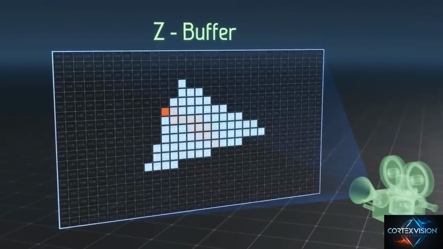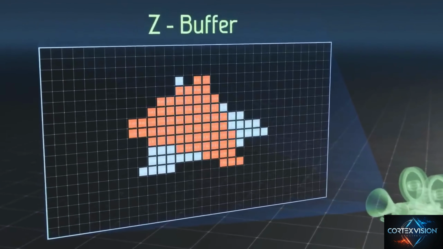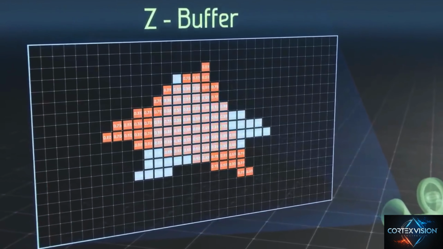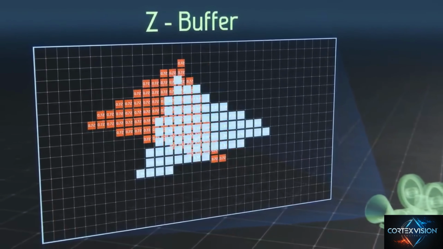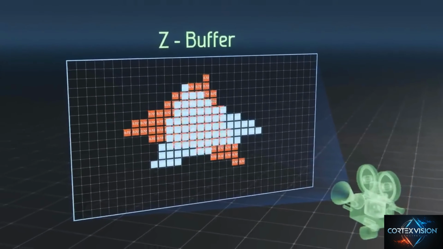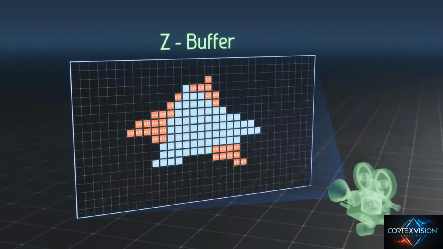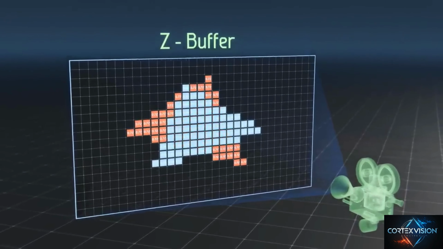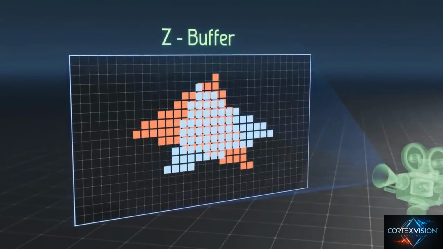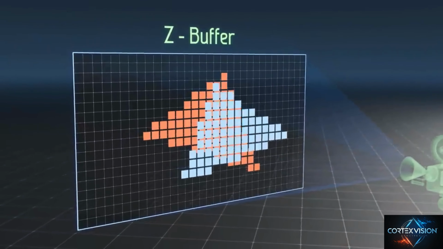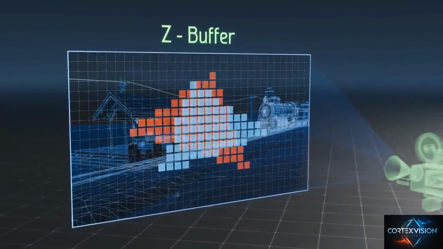However, let's say a second triangle comes along with z-values that are higher than those in the z-buffer, meaning the triangle is further away. We just throw it out and keep the pixels from the triangle that was previously painted with lower z-values. Using this method, only the closest triangles to the camera with the lowest z-values will be displayed on the screen.